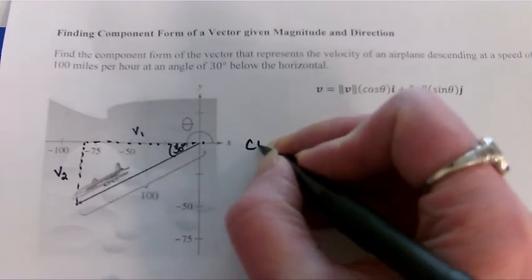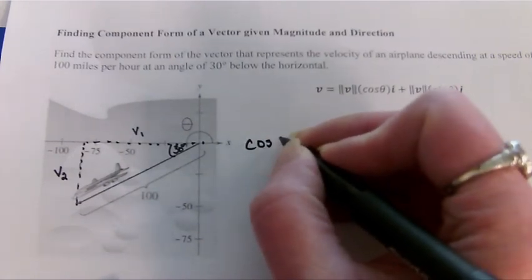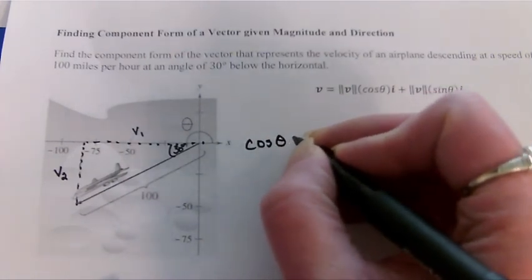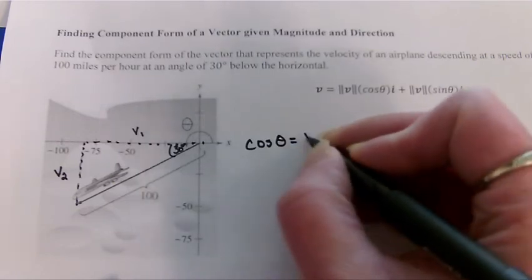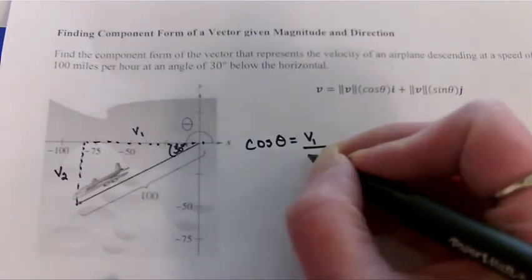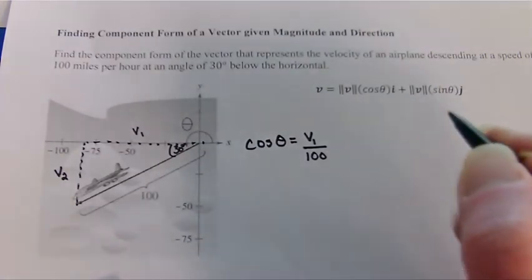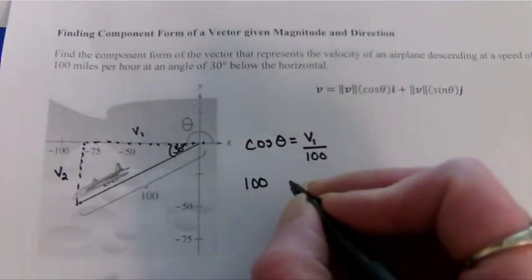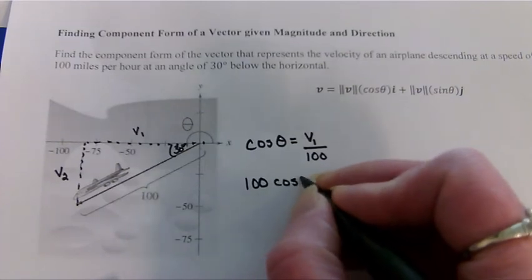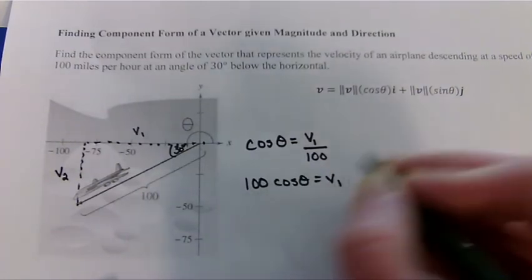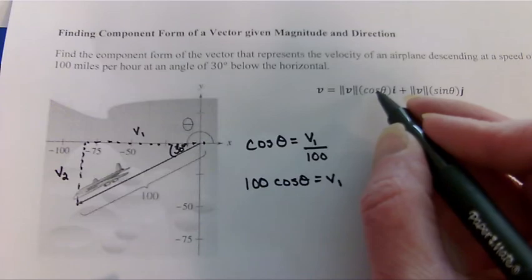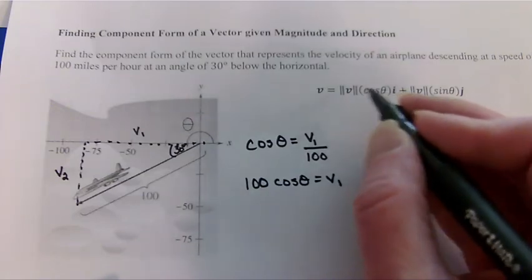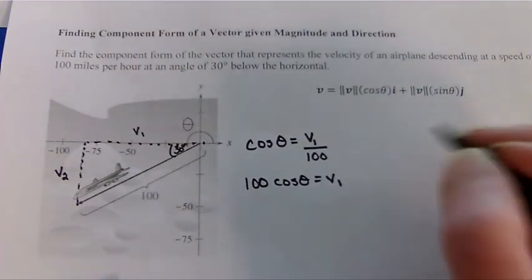So cosine of the angle would equal V1 over that distance. In other words, that magnitude times cosine is going to give me my horizontal distance. The magnitude times the cosine of the angle gives you your horizontal distance.